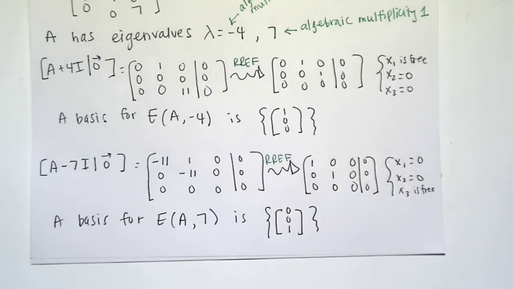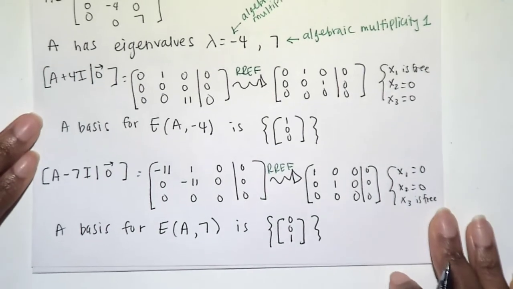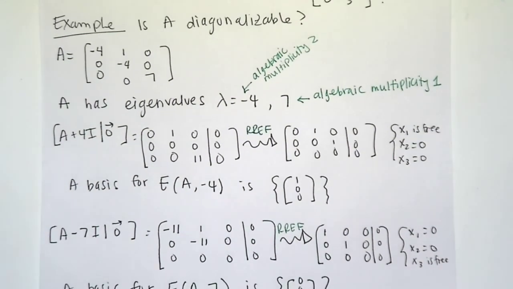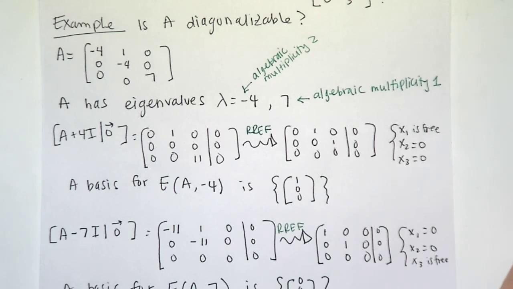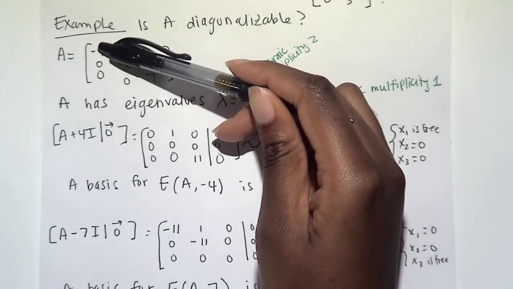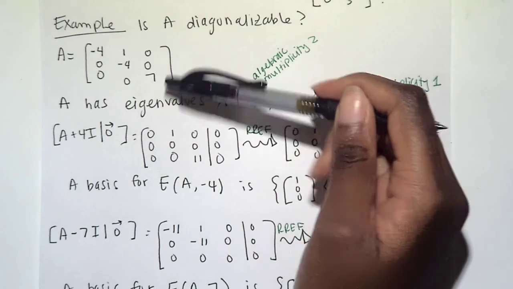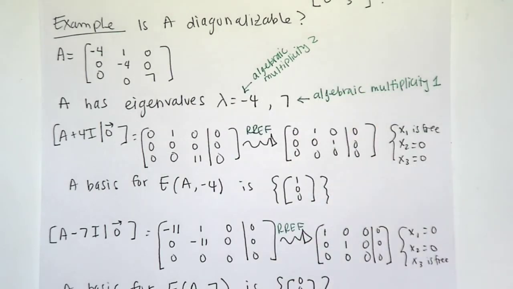So our question is, is our matrix A diagonalizable? Based on the diagonalization theorem, we need to have n linearly independent eigenvectors. We have a 3 by 3 matrix, which means we need 3 linearly independent eigenvectors.